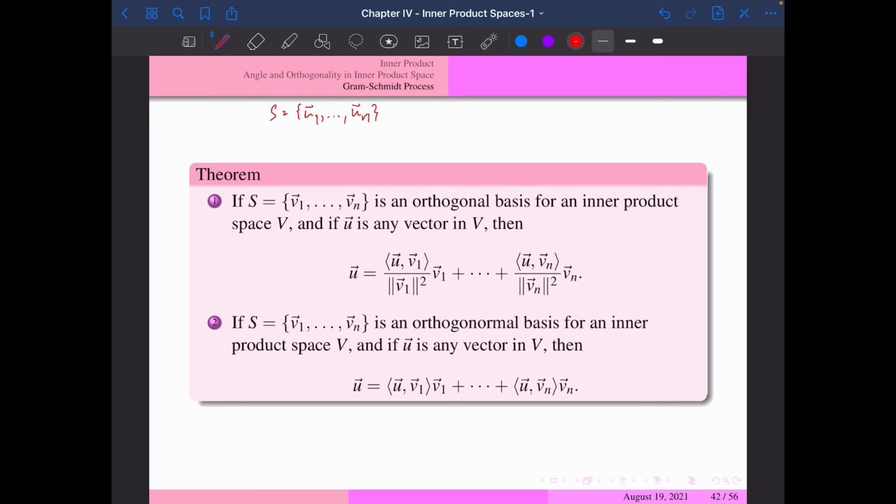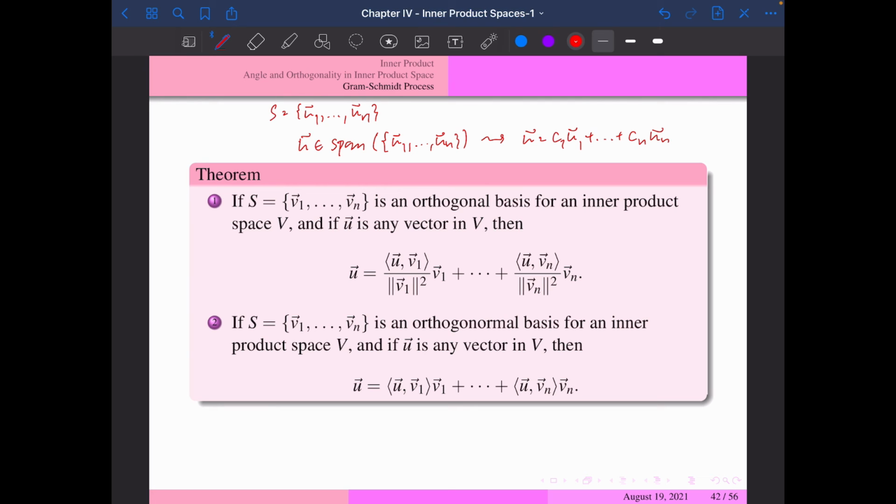It means that if we have a vector u in the span of the set u1 to un, then u is equal to c1 u1 plus blah blah blah to cn un.